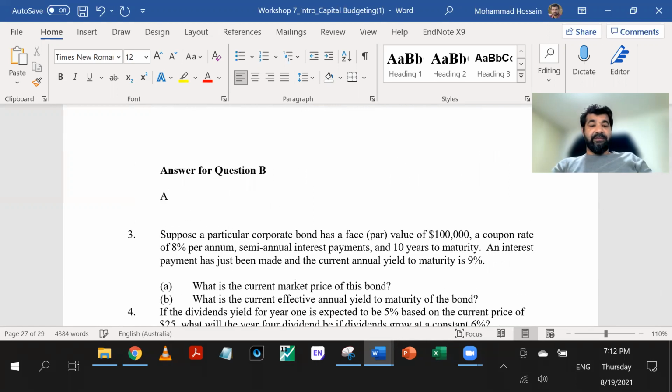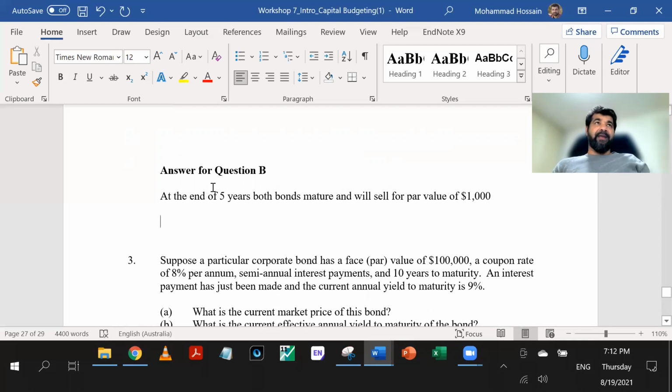We say here that at the end of 5 years, both bonds mature and will sell for par value of $1,000. Now, the future value for bond A and bond B.